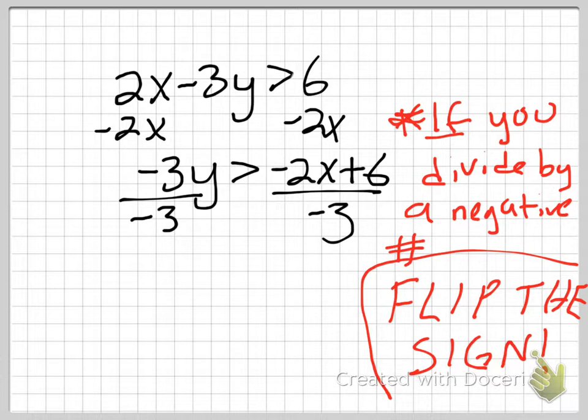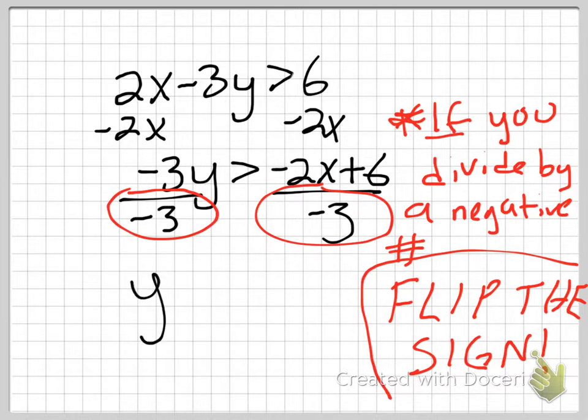We talked about this briefly when we solved inequalities earlier in the semester. But in this case, since I am dividing by a negative number in order to get my y value by itself, negative 3 divided by negative 3, I have to flip my sign. So it's going to be a greater than, I have to flip it. So this is just something that you're going to have to make sure that you're careful of.